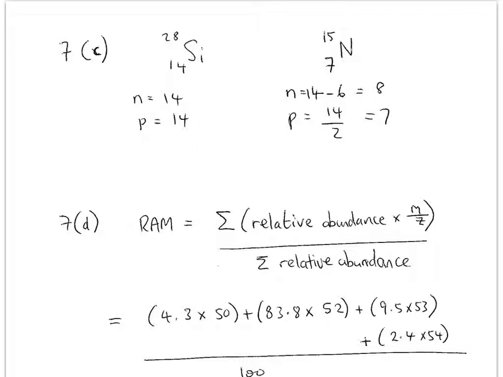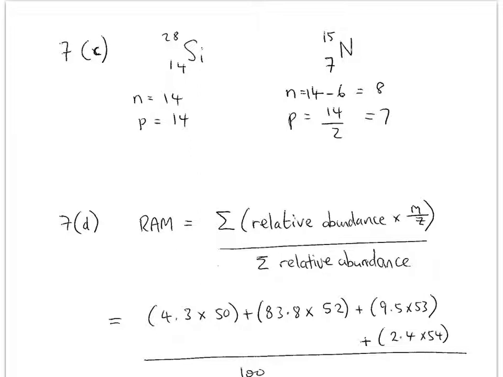So we start with the element silicon, mass number 28. Look on the periodic table, it has 14 protons. Calculate the number of neutrons and protons, that's 14 each. 28 take 14 gives 14. Atomic number is the proton number.